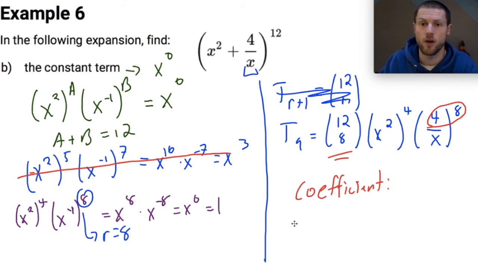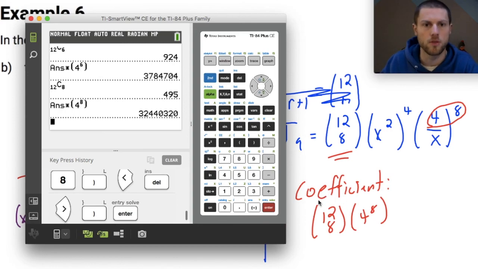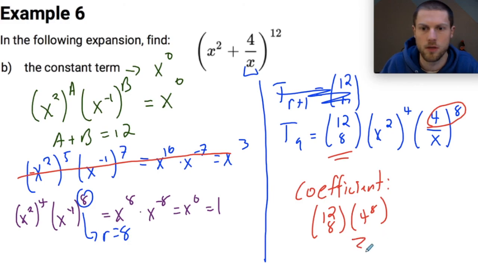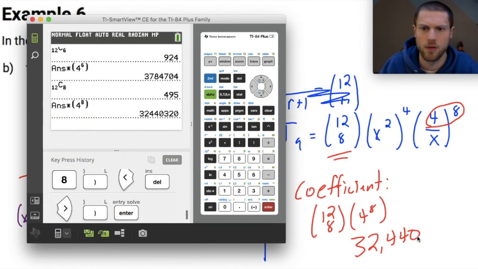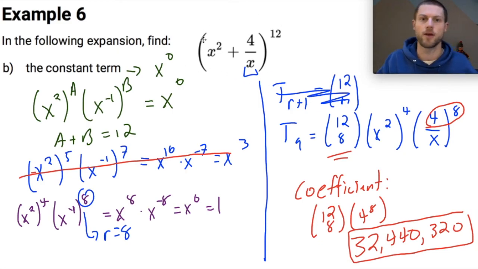So I'm going to figure out what 12 choose 8 times 4 to the 8th is. So let's go to the calculator and we'll type that in. And that gives me, whoa, this massive number. So let me see if I can get this. 32,440,320. This is the constant term if you were to expand this entire binomial.